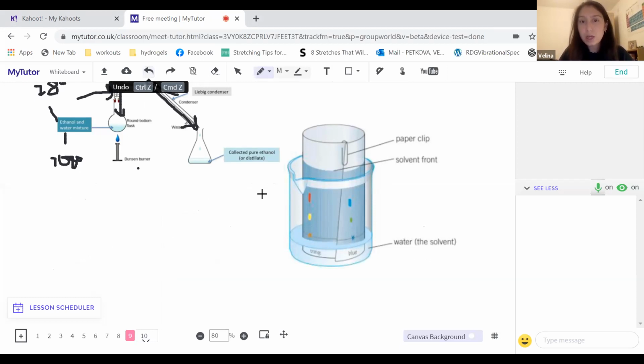If your water was at the top here, the substance is already in the water, so the water starts traveling from above the dot. So therefore, it's not going to carry it up well. Does that make sense? I don't think you'll ever be asked to explain why it has to be below the pencil line, but it's just because it won't be carried if it's above the pencil line. Okay.